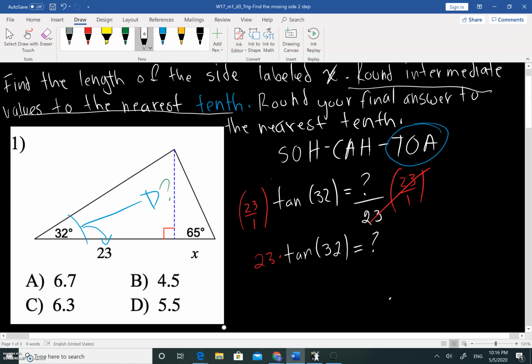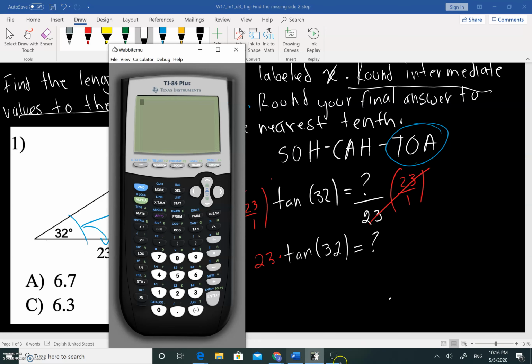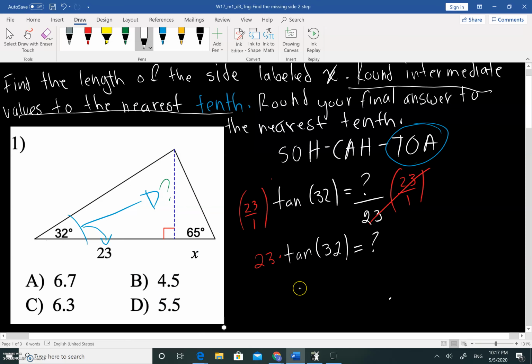So you have to go ahead and use the calculator. So this is going to be 23 times tangent 32, and that's going to give us 14.37. So we have 14.37 is equal to question mark.